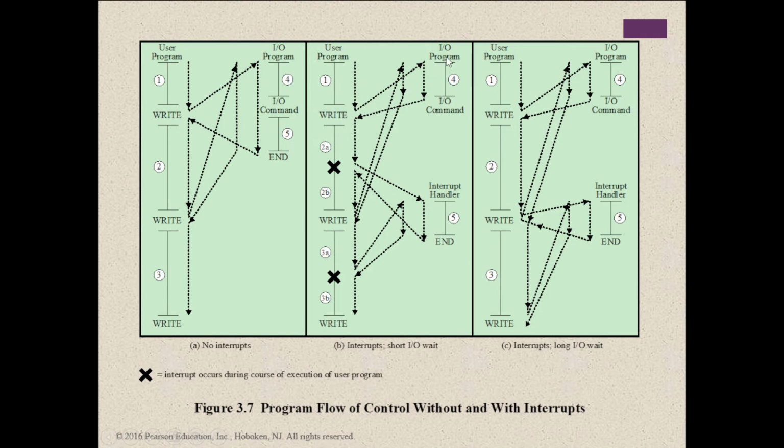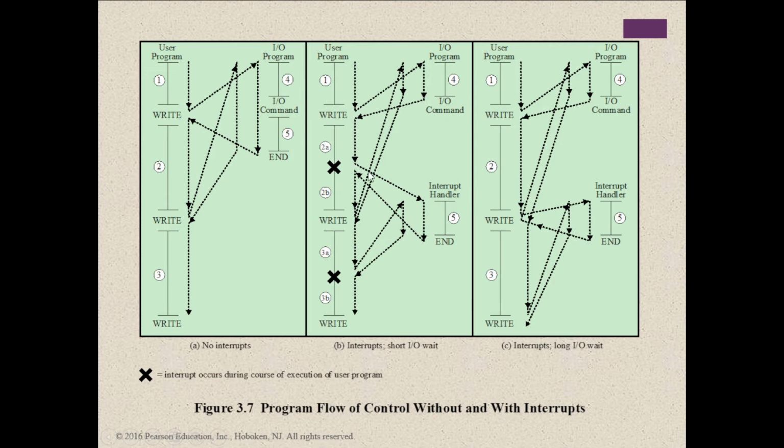So for example, we have just the same user program, and then we have the write call that needs the I/O device. So we have the I/O program and the I/O command. While the I/O command is processing the data, it will continue to execute the user program.